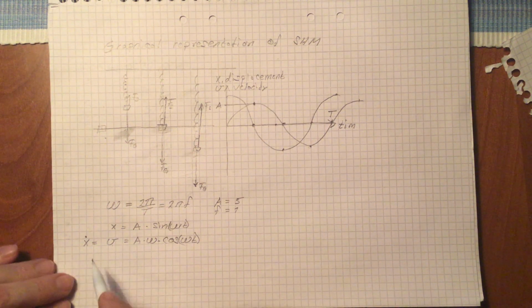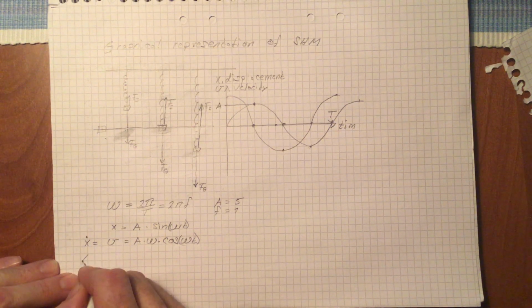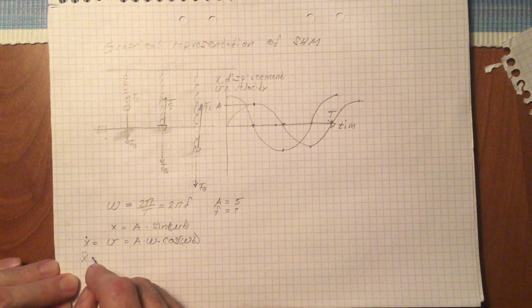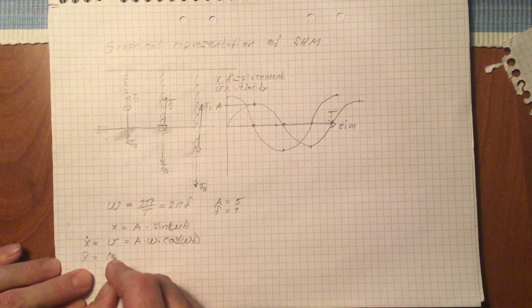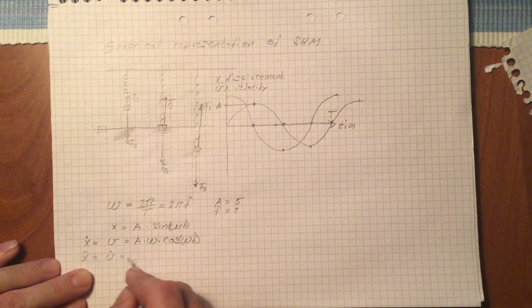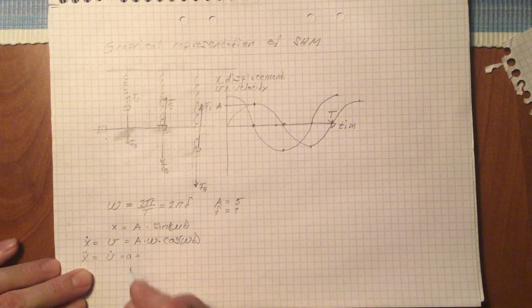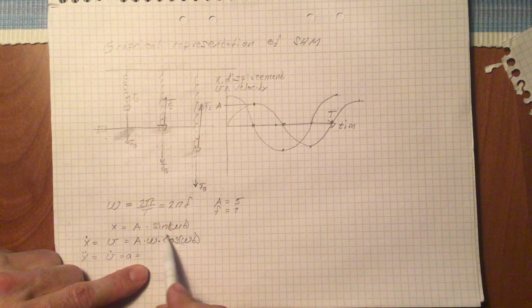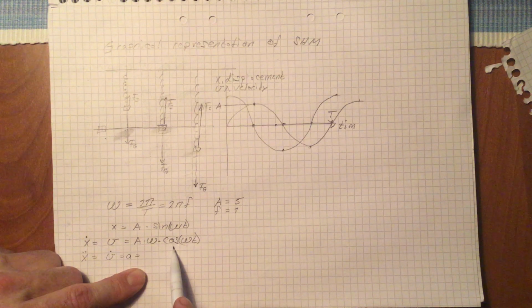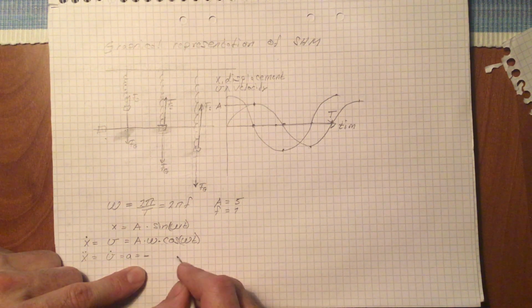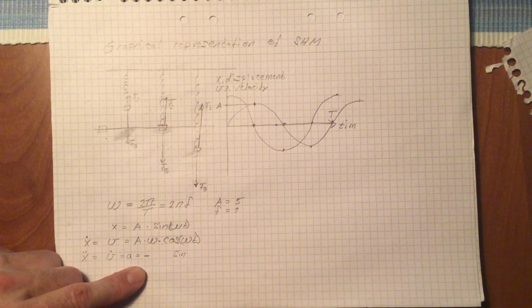If I differentiate one more time, I have the second derivative, or the first derivative of the velocity. That is the acceleration. And if I differentiate this once more, I have to differentiate cos, so it becomes the negative sine function.